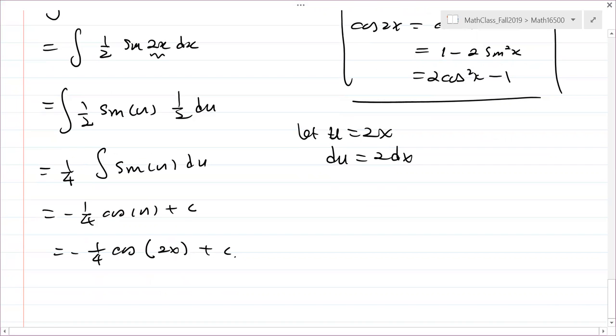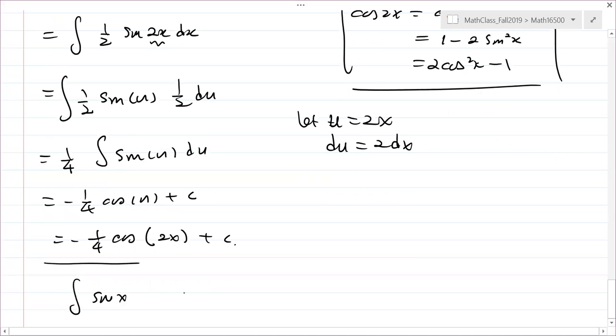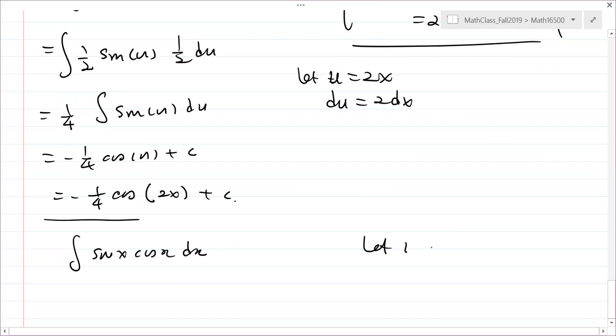All right. There's another way to do substitution. I can let u be sine x. Okay. So du is the derivative of sine x, cosine x dx.